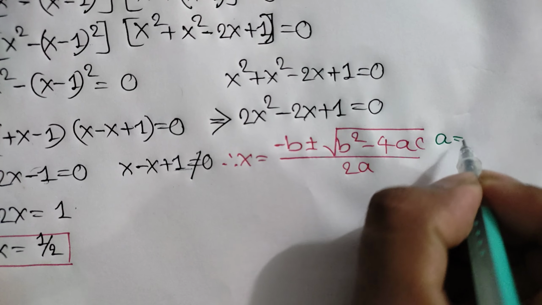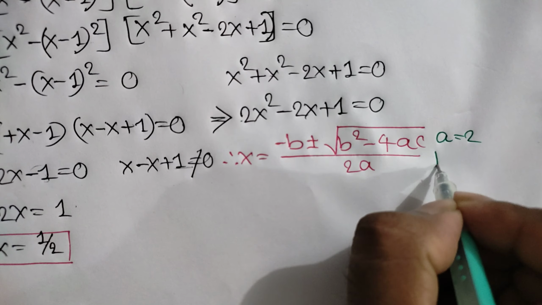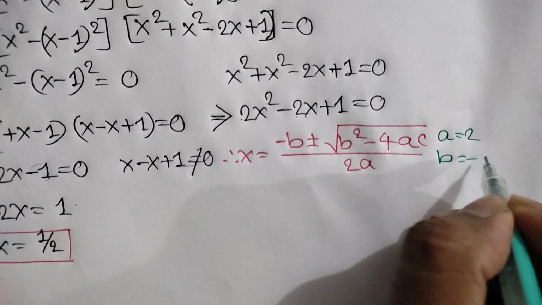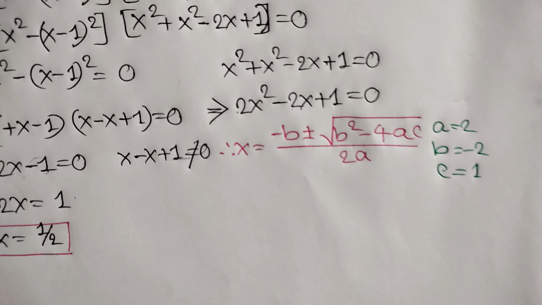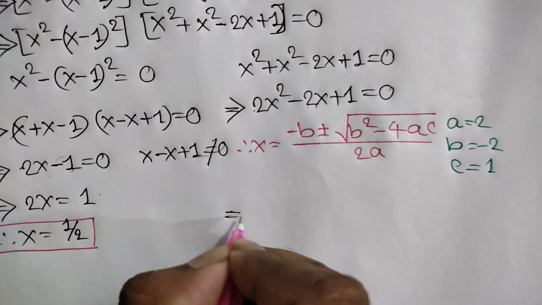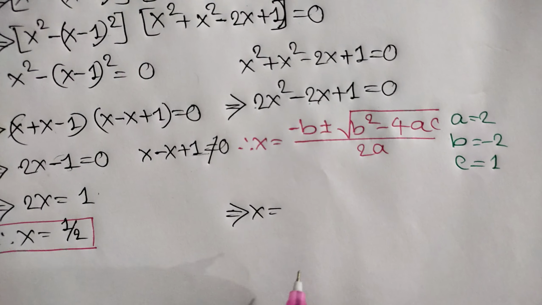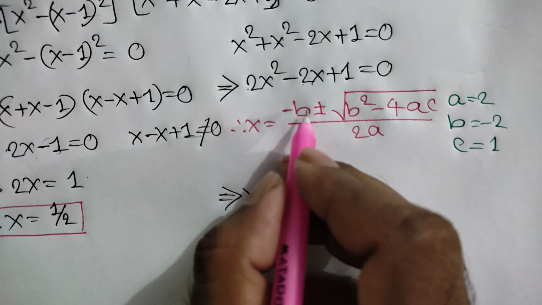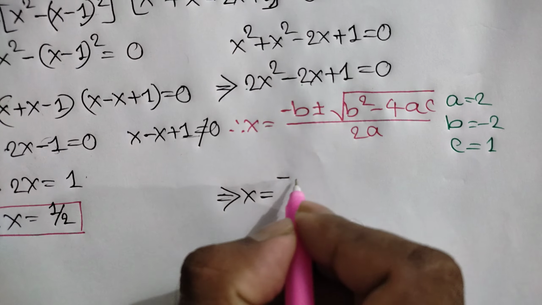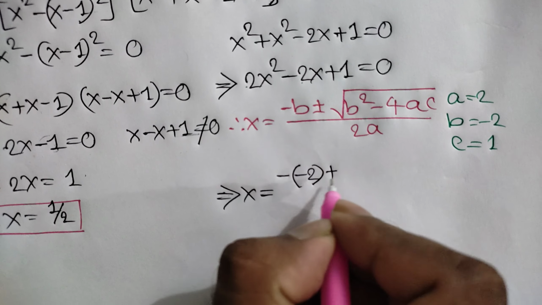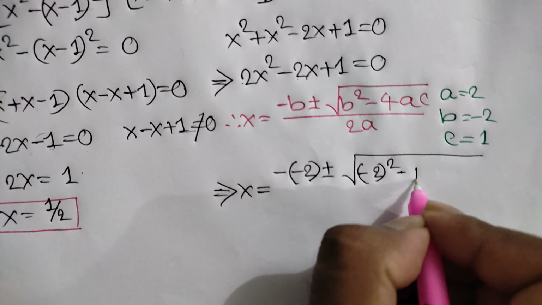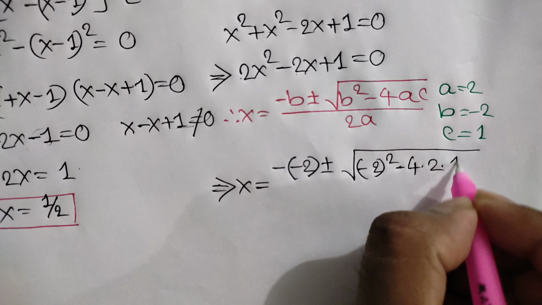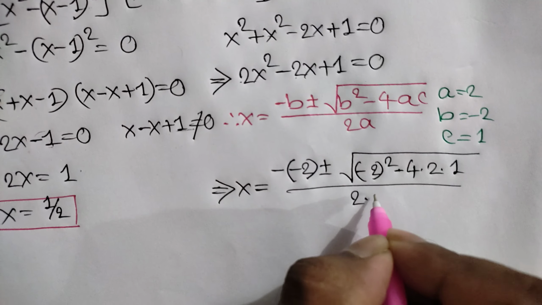Here a is equal to 2, b is equal to negative 2, and c is equal to 1. Or x is equal to minus b, which is minus of minus 2, so we can write 2 plus or minus square root of (minus 2) squared minus 4 times a is 2 times c is 1, over 2 times 2.